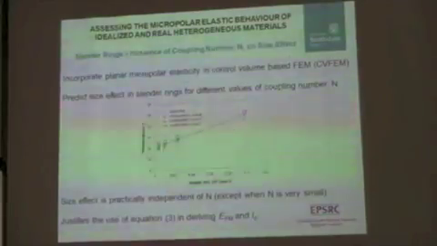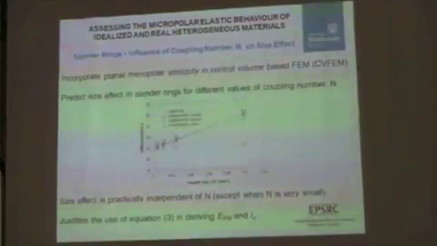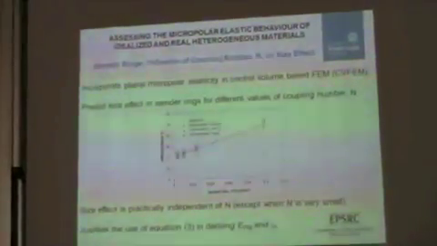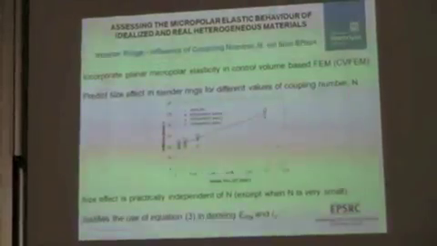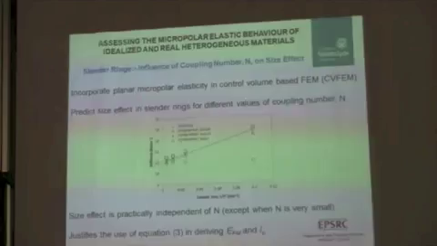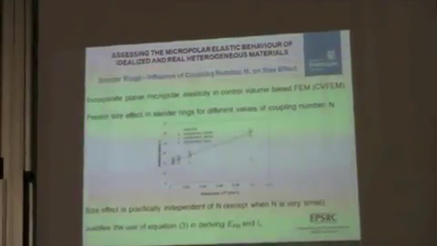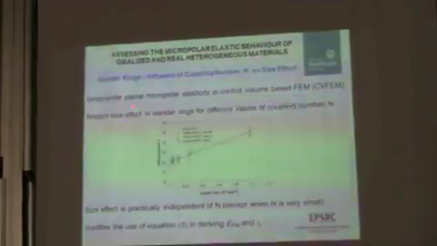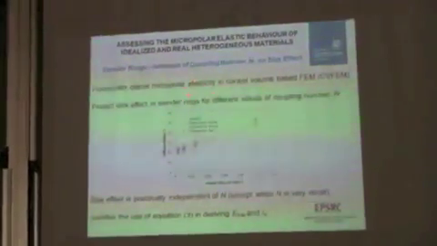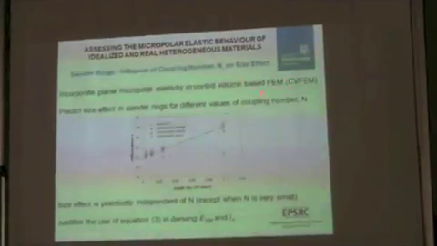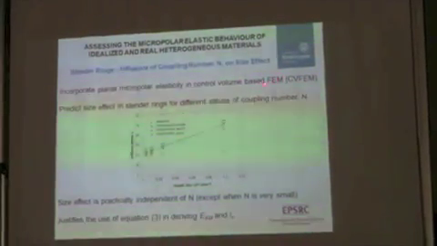Okay, so that's identifying the length scale parameter. What about the coupling number? In the analytical solution we use to identify the length scale parameter, we ignore the effective coupling number. How valid is that? This is a question we asked ourselves. To answer it, we've incorporated planar micropolar elasticity theory into our own finite element formulation.